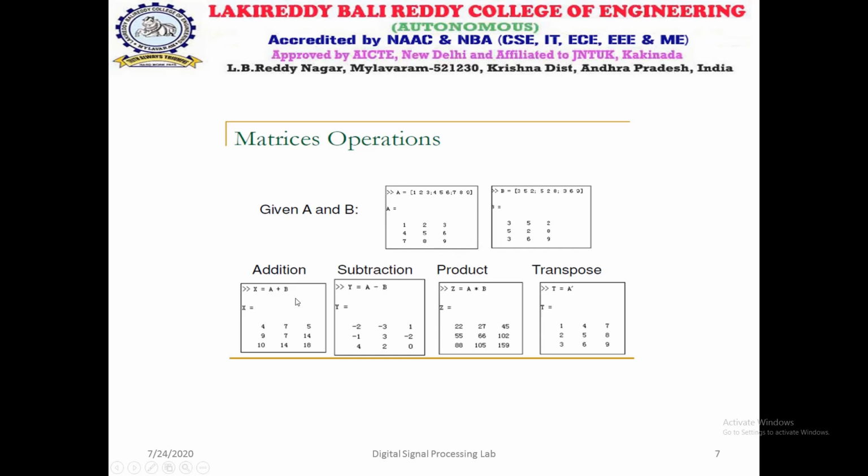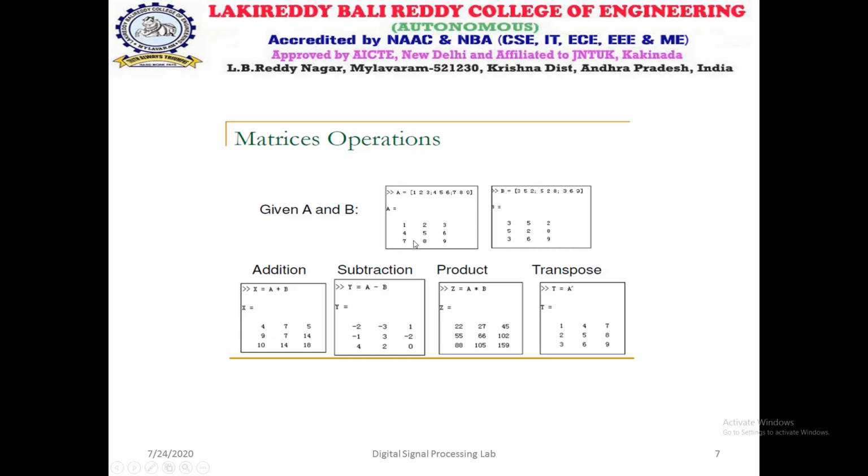The basic operation addition can be executed like this. Capital X is equal to matrix A plus matrix B. So if you write this one in MATLAB, you are going to get X directly. So if you observe this X, element by element operations are happening.